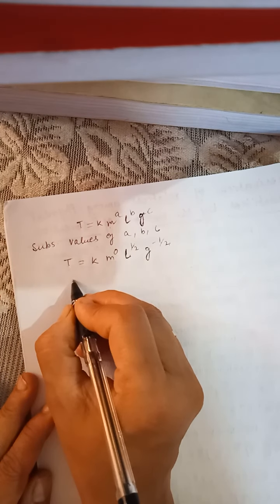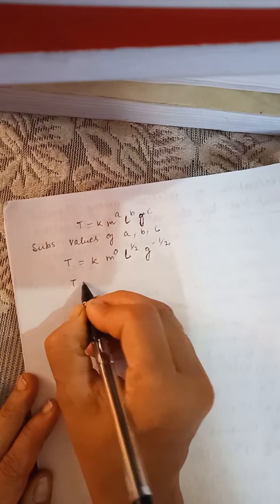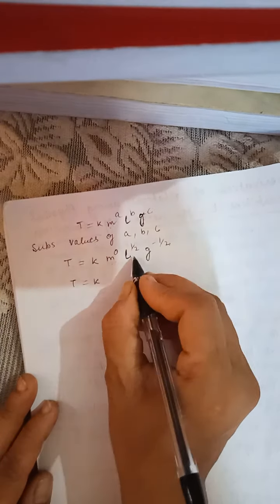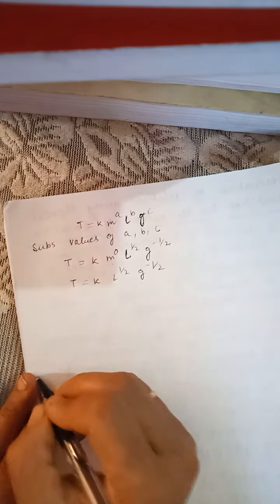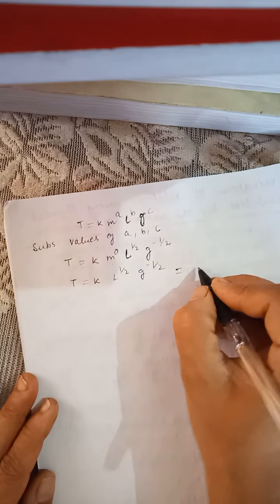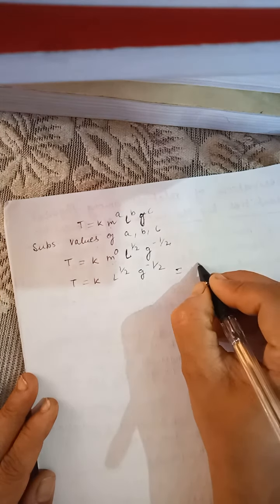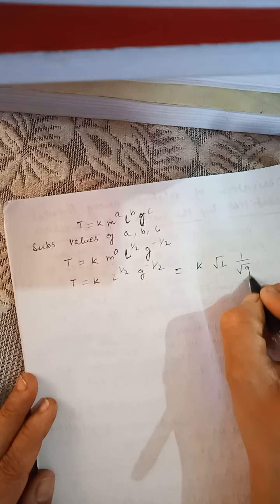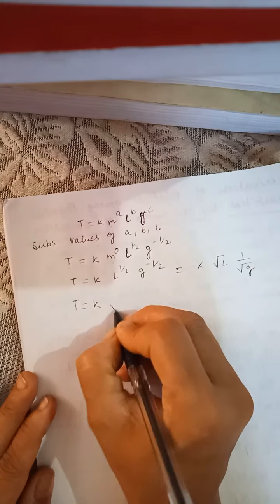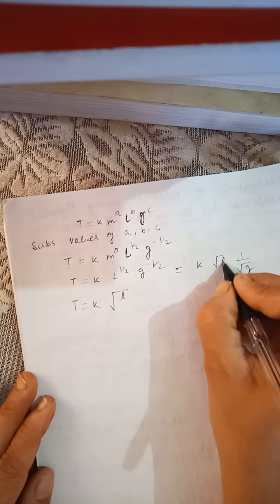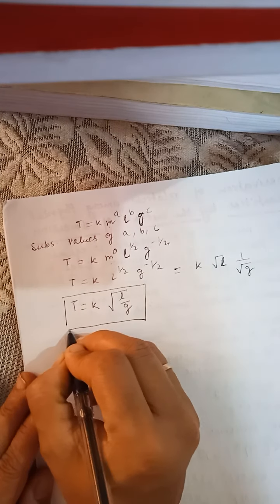So what you have got? M to the power 0, that is 1, L to the power 1 by 2 and g to the power minus 1 by 2. This can be written as k under root of L by g. This is the relation you have got.